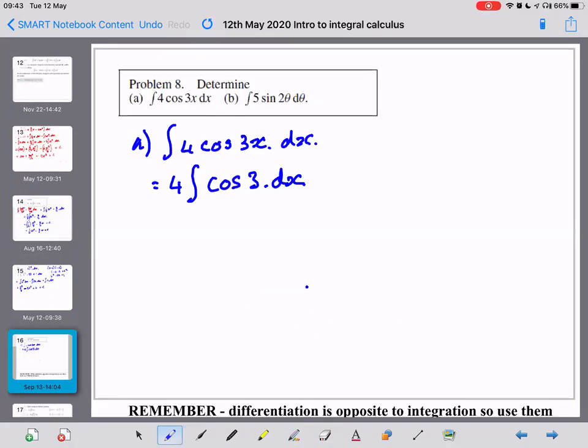And then the rule here is for a function that is cos ax, the integral is 1 over a sine ax plus c. That's the rule.